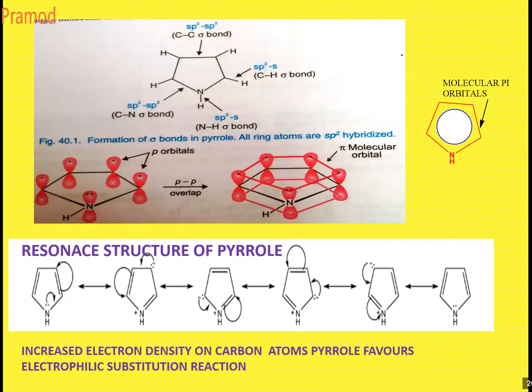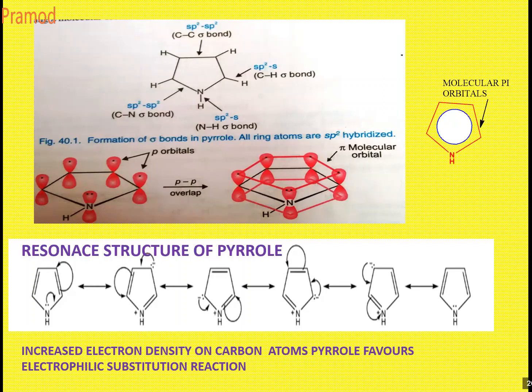The charge in the heterocycle is very important: the positive charge will always be on your heteroatom, and you just keep on moving the bonds till you get the original structure of your pyrrole.